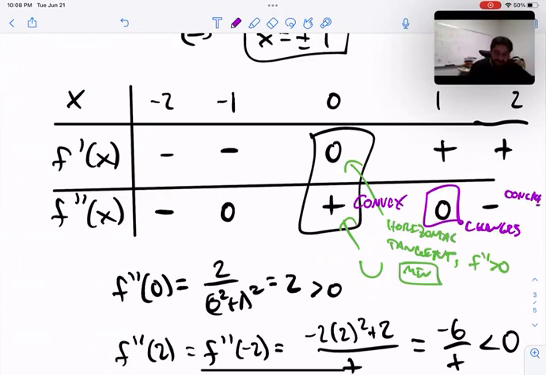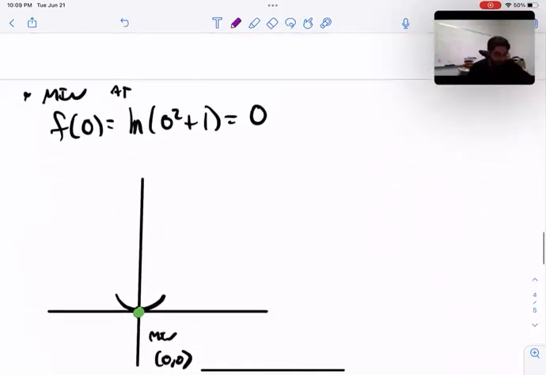So there at 1, we're going to get an inflection point. This is also going to be a point of inflection. Here it changes from concave to convex. So that is where I can find 2 points of inflection.